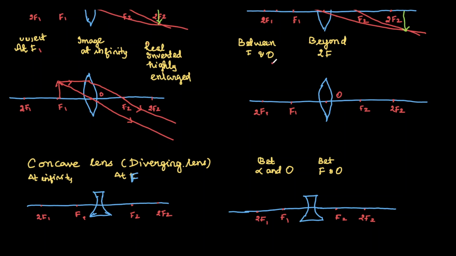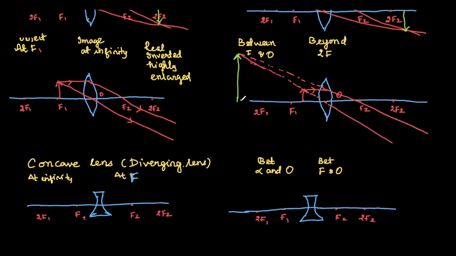When we keep the object between F and O, the parallel light ray passes through F, and one more light ray passes through O. They never intersect, so we produce the refracted light rays backward, and they join at one point at which there will be formation of image.